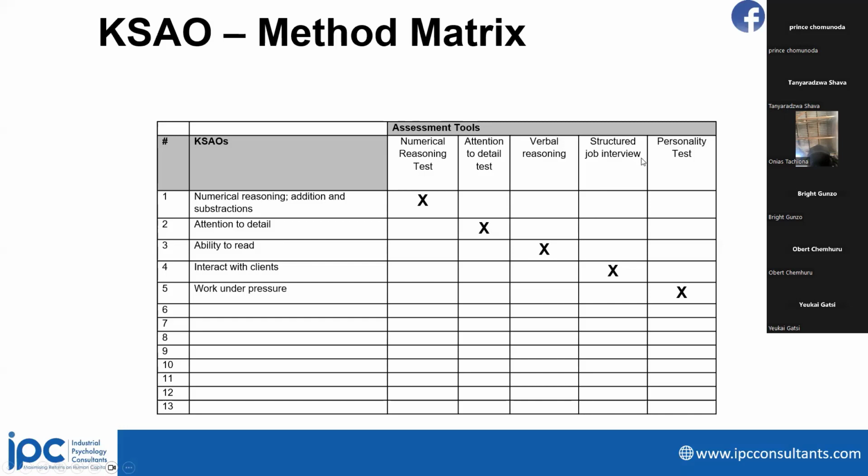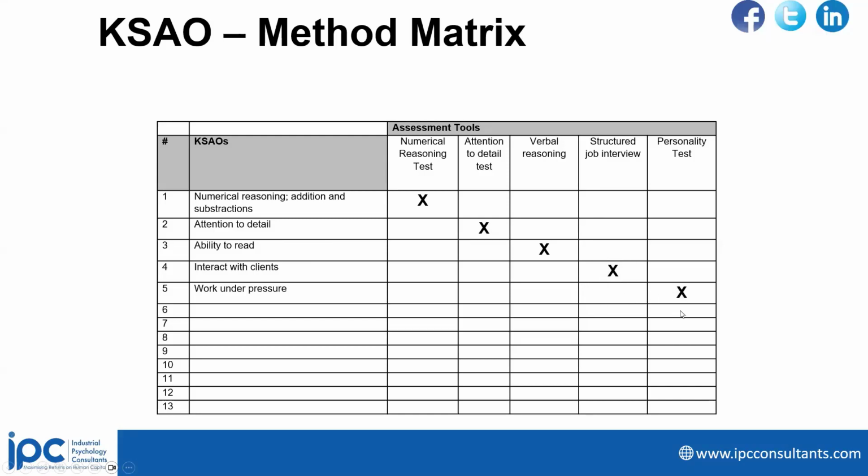Then a structured job interview to assess how they interact with the clients. You could also use assessment centers where they do role playing. Then work under pressure, you can assess through personality or through role plays where they have to handle very different clients. The methods are many, but when you are choosing your methods, try to lean more towards those that have been validated scientifically, so that you don't waste the company's money or resources doing an assessment that is not proper, because the results get affected by the method that you use.